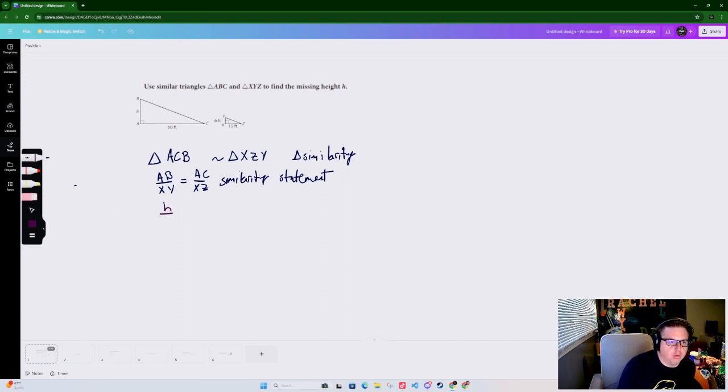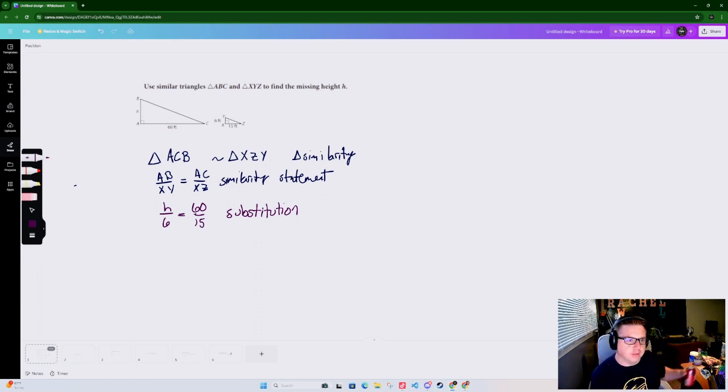H over XY, which is 6, equals AC, which is 60, over XZ, which is 15. And that's substitution. All we did was substitute our values in for what our segments were. We have H for this one, 6 for that one, 60 for this one, 15 for that one.